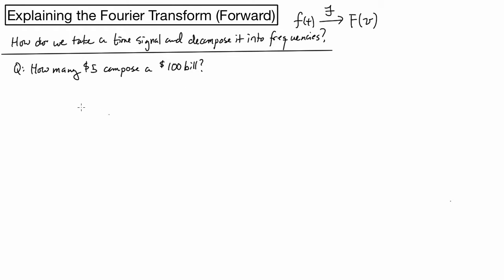Well, in terms of sheer value, I think it would be very easy to suggest that we just take $100, divide it by 5, and you would tell me that there are 20 $5 bills in each $100 bill. In that way, what we've done is very similar to what I'm about to do.